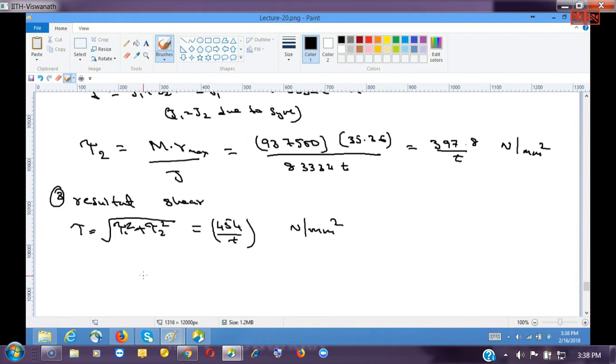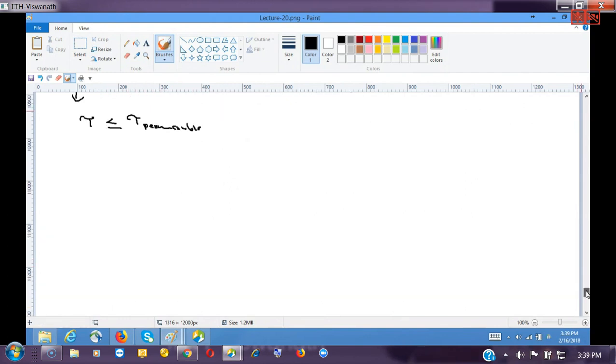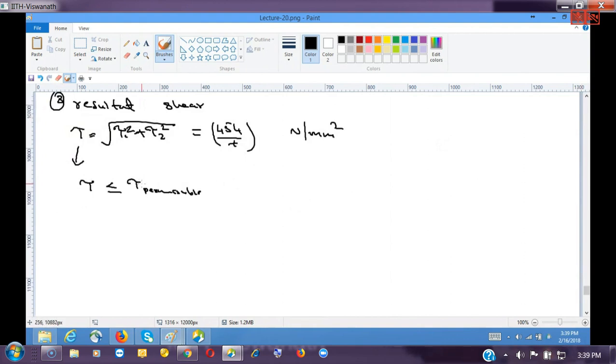Now, we know that tau has to be less than or equal to tau permissible. So if we equate, this one is 100. So 454 divided by T is equal to 100.